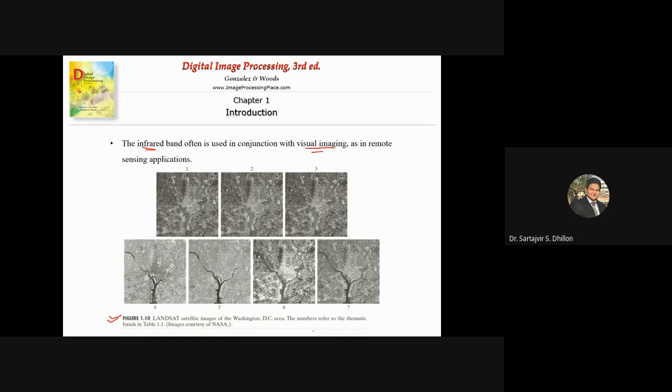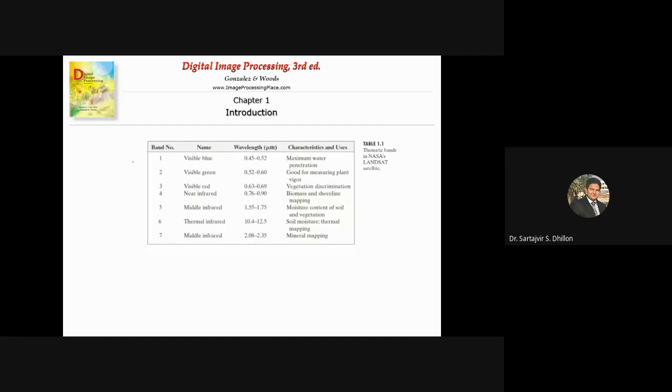Let us talk about these bands. As there are different bands, here we are more interested in these four bands. That is near infrared, middle infrared, and this one is far infrared.